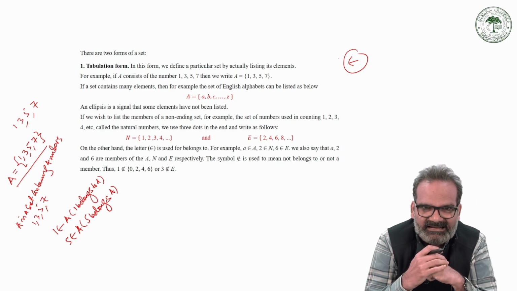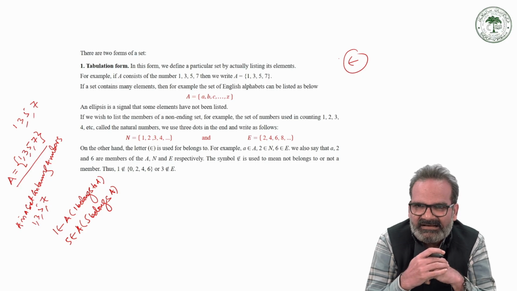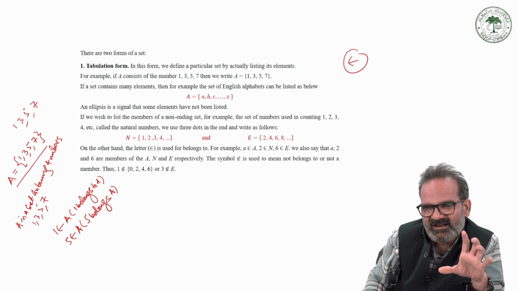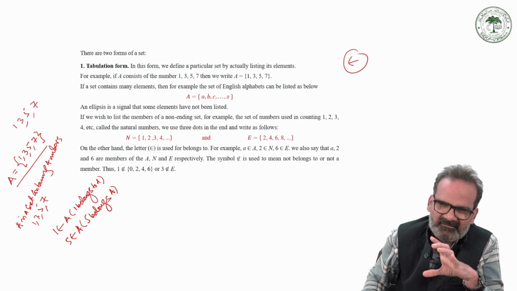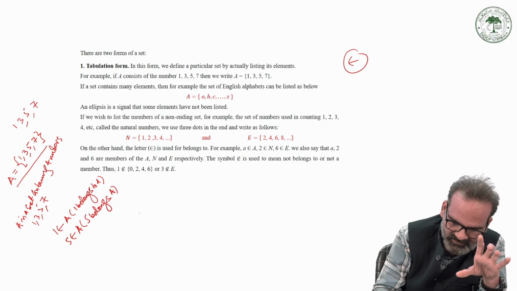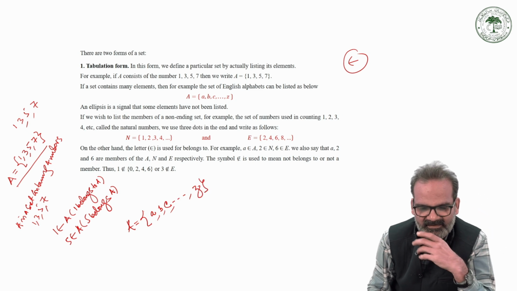If a set contains many elements, take the example of the set of English alphabets. For example, we are collecting the 26 letters of the English alphabet. We cannot write down all these 26 letters directly. So what we will do, say A is a set itself: A, B, C, and then we use three dots, and finally Z, right?